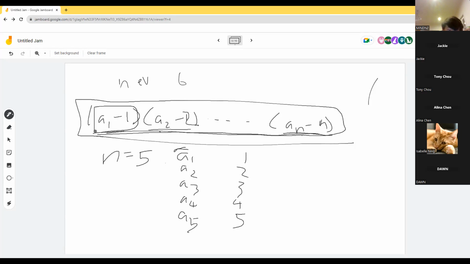So we want the 1 to be paired with an even number, then therefore even minus odd is odd. So this has to be paired with an even number, and then a2 has to be paired with an odd number, and then a3 has to be even, odd, even. But there's 3 evens and only 2 evens that we can pair them up with. So it is impossible to pair them up like that. Therefore, the product must be even.